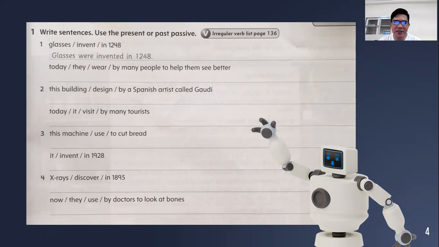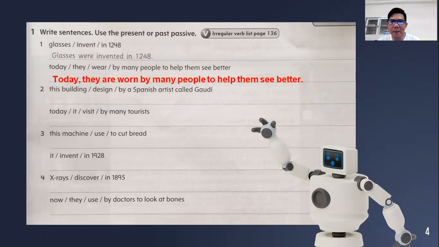Let's check your answers. For number 1, second question. Today, we are talking about present. Your answer must be, today, they are worn by many people to help them see better. Use the word are worn. Let's go to number 2. First sentence, this building, past.